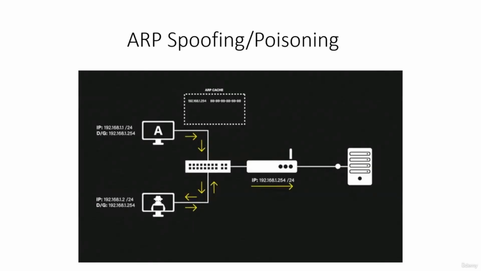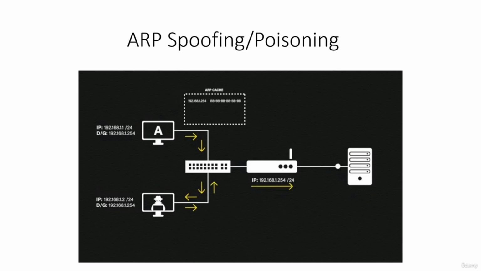So let's talk about ARP spoofing, or in short ARP poisoning. ARP spoofing is a technique where the attacker sends malicious ARP packets to the default gateway and to the host who is communicating with the default gateway in the local area network.